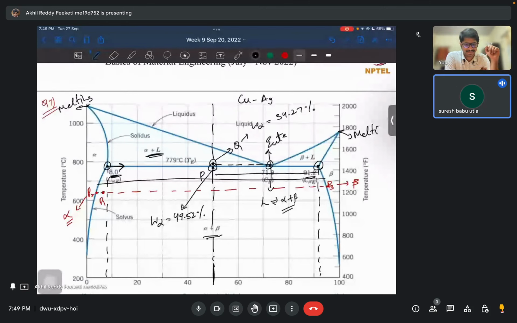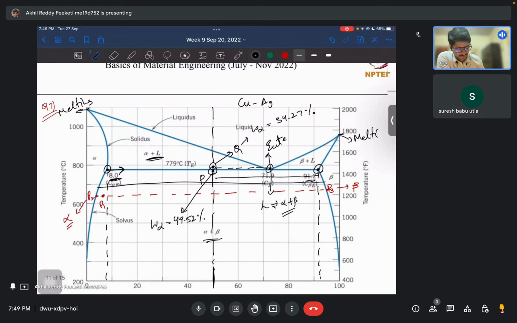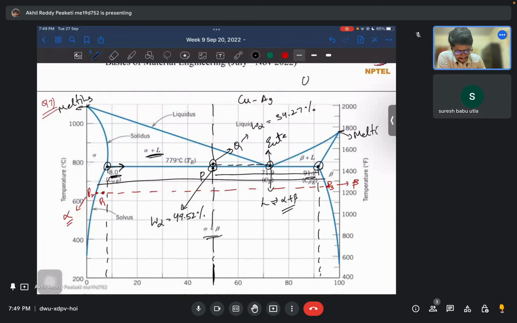So when we go from Q to P, at Q we have alpha plus liquid, and at P we have alpha and beta, right?